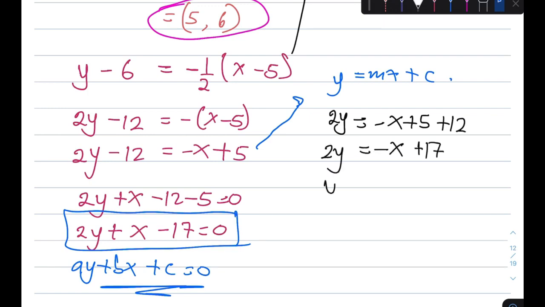You divide by 2, you have y equals -half x plus 17 over 2. So this is how you would have left it if they had asked you to leave your answer in the form y equals mx plus c. So pay attention to the format of the final answer, how the examiner wants you to leave the answer. It is really, really important.